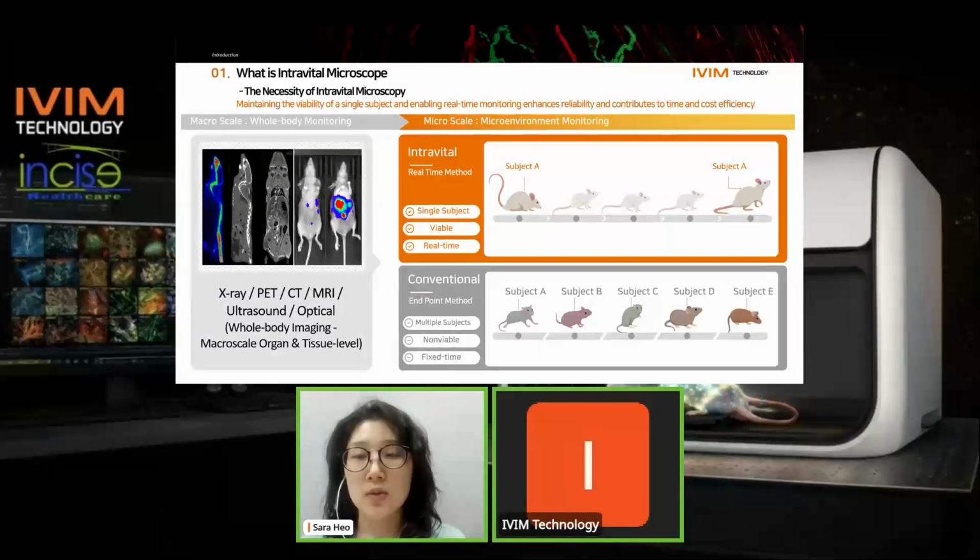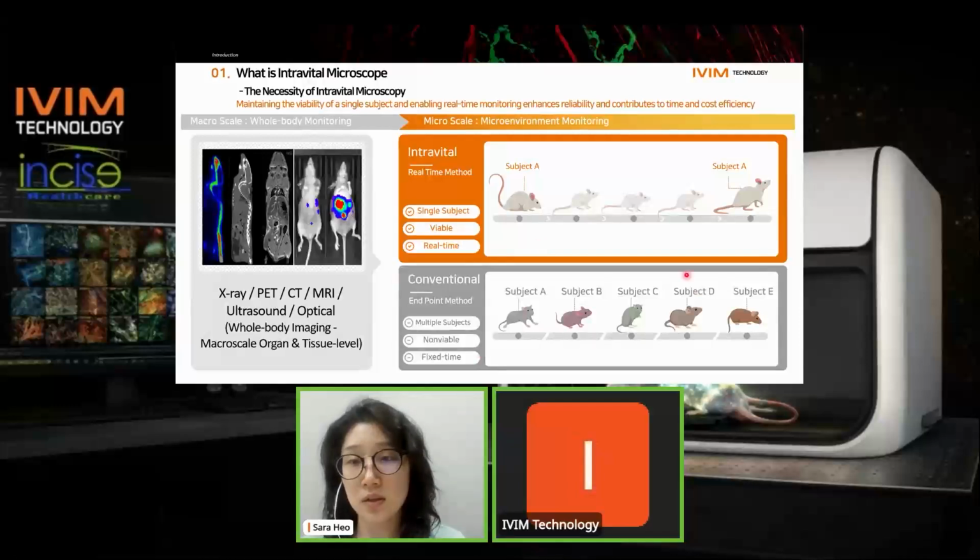Because this method allows real-time imaging at microscopic scale, dynamic studies dealing with the biological response and behavior of a drug, and time tracking in disease models are enabled. Further, microenvironment monitoring is allowed through longitudinal imaging within the same living subject at different time points, improving consistency and reliability.